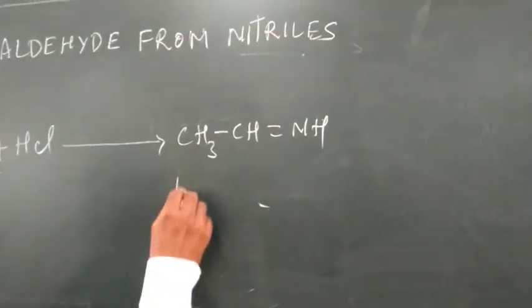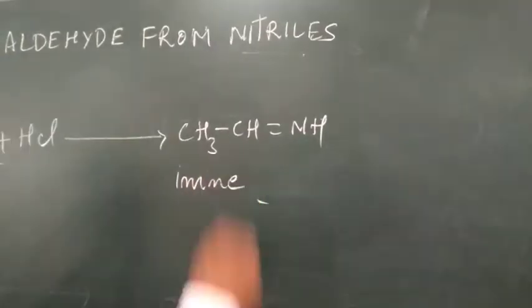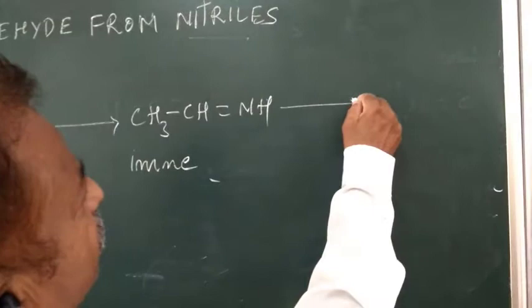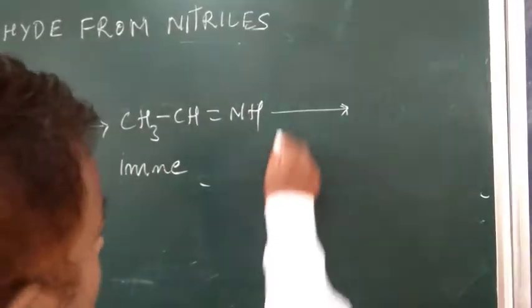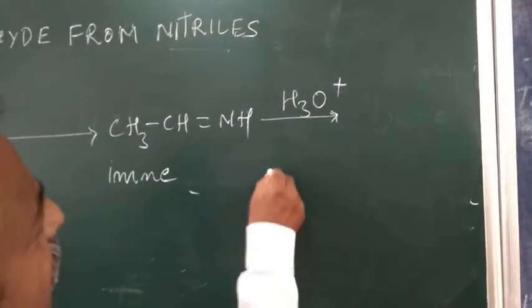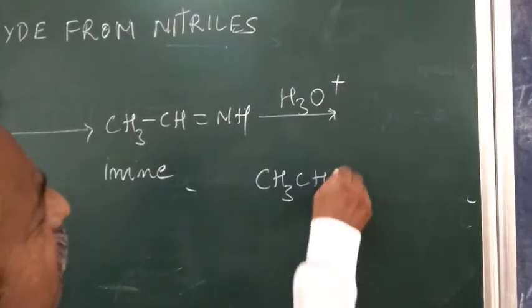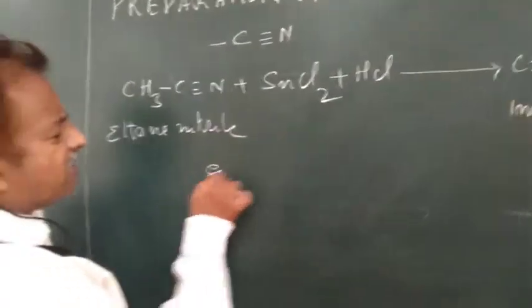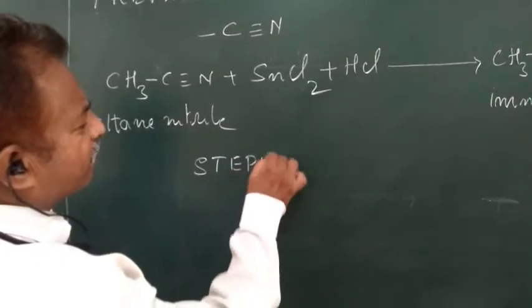This is imine. This on hydrolysis, H3O+, we get CH3CHO, acetaldehyde. And of course this reaction is known as the Stephen reaction.